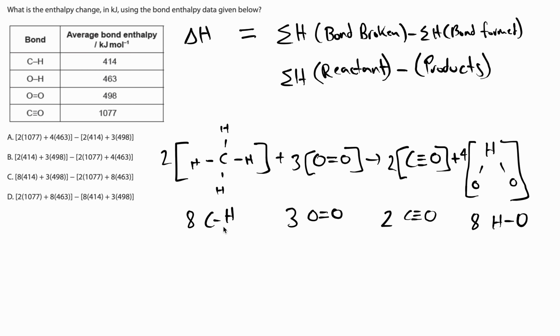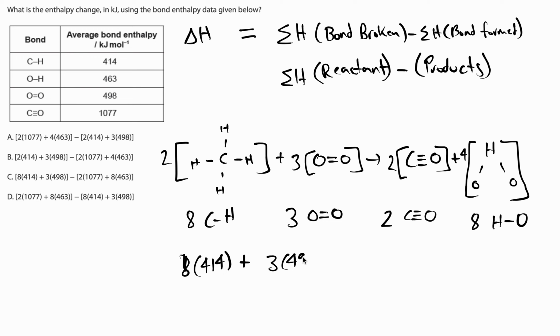So our reactants are CH. What is the value for CH? 414, and we need 8 times 414, plus 3 times, what's the value for O double bond O? 498. 3 times 498. Okay, this is one bracket.